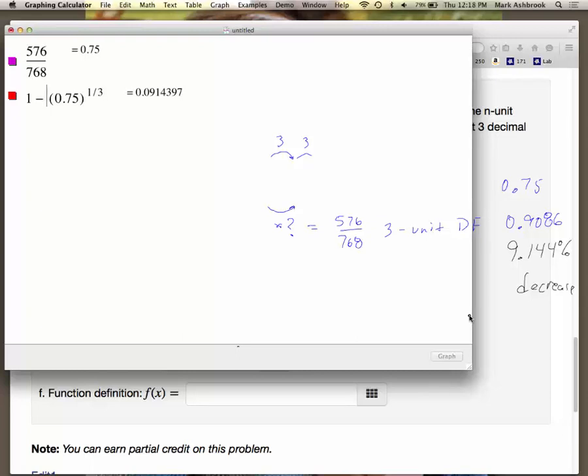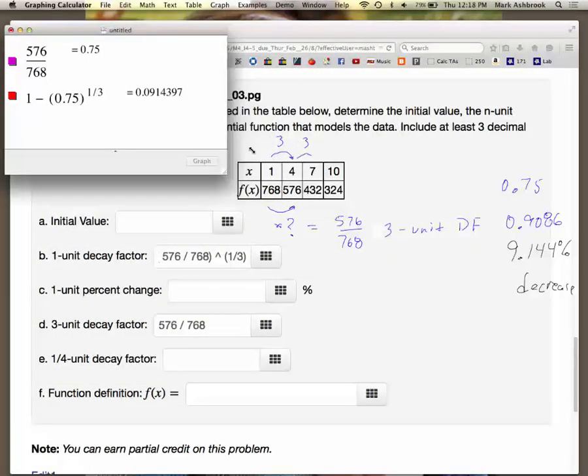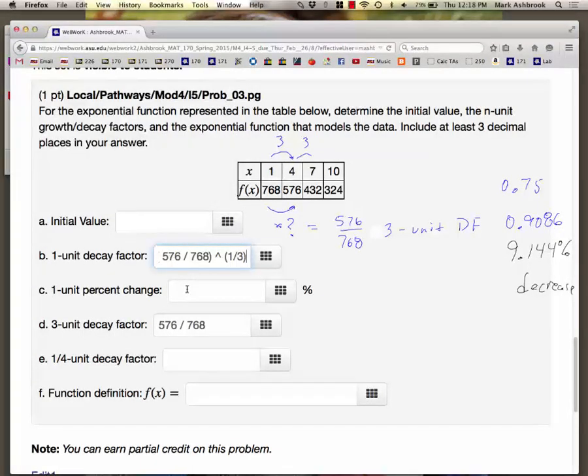If you call it change, it's negative. So the 1 unit percent change is negative 9.144, and then the 1/4. All right, we'll do that later.